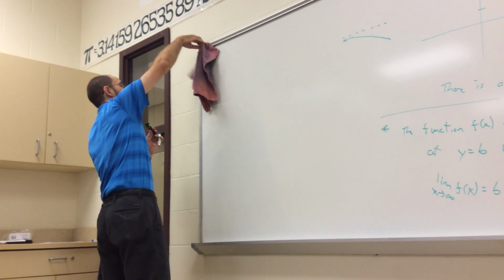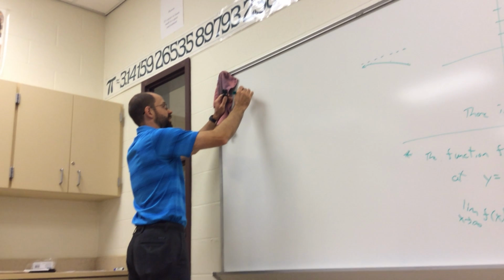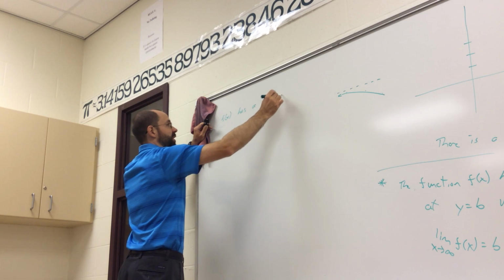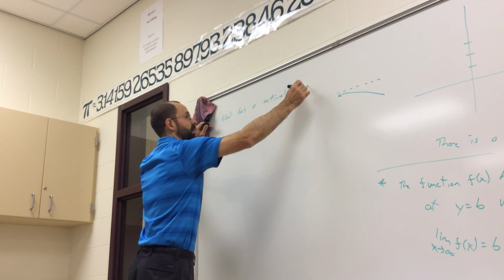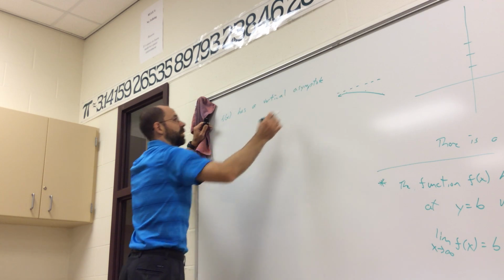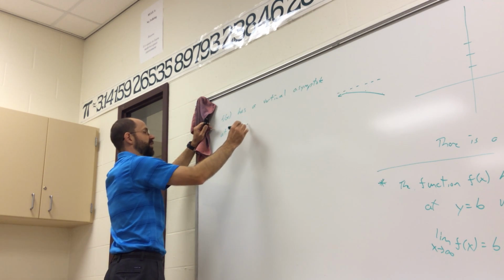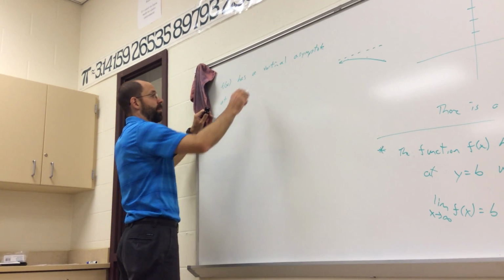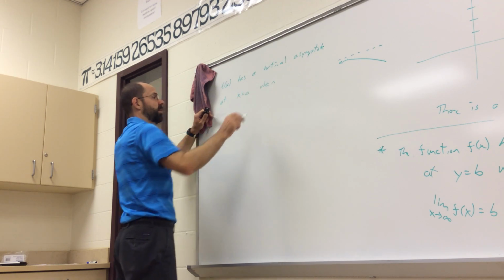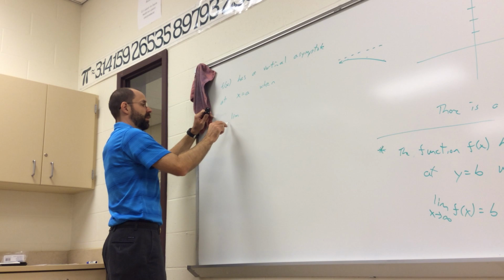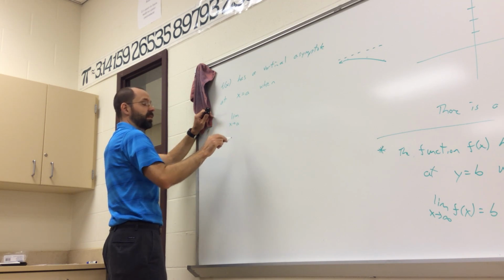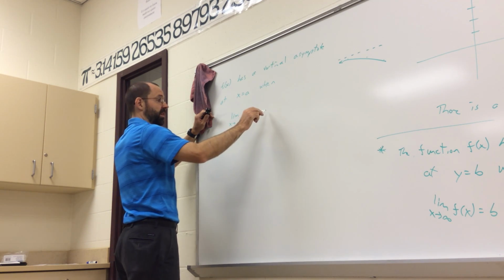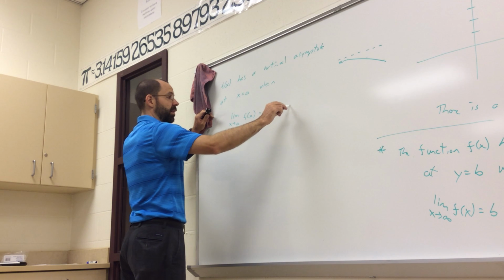Okay, so f of x has a vertical asymptote at x equals a when the limit as x goes to a is either infinity or negative infinity.